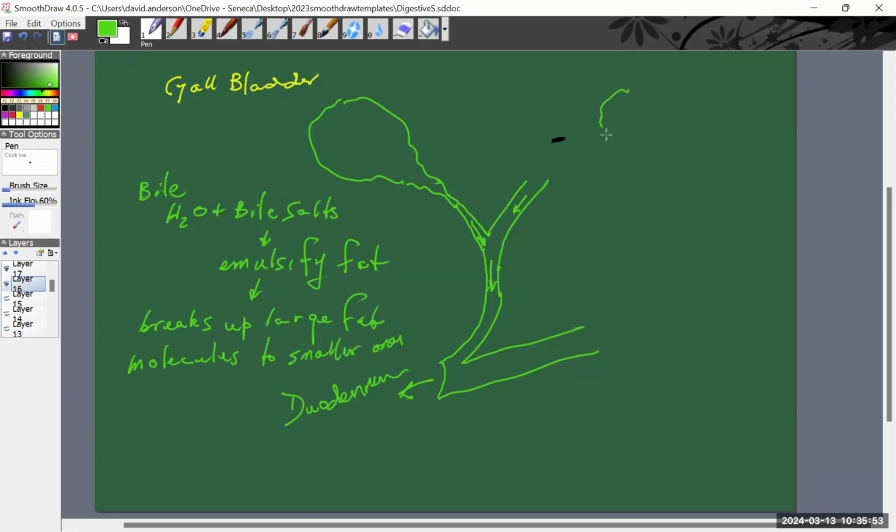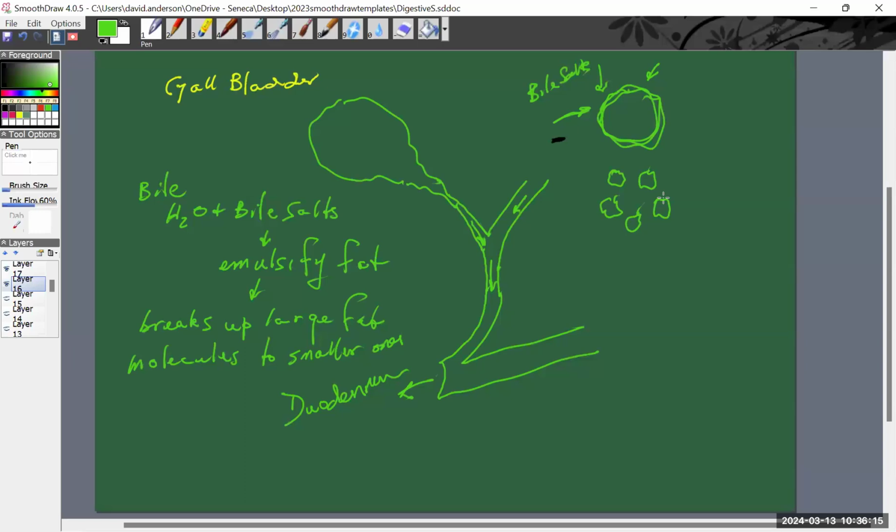So that means we're going to take this large fat molecule and we're going to agitate it with bile salts. And that's going to result in the large molecule breaking up into smaller molecules.